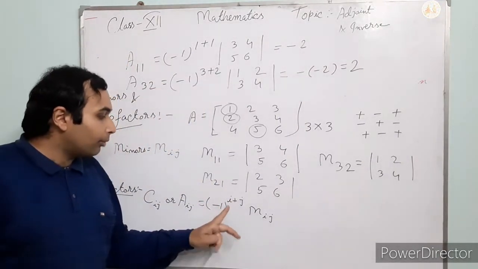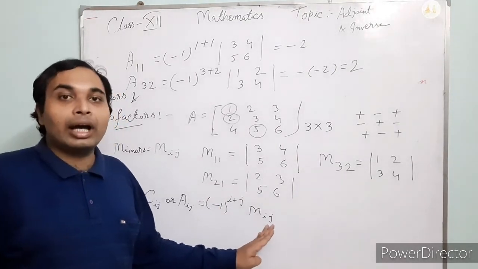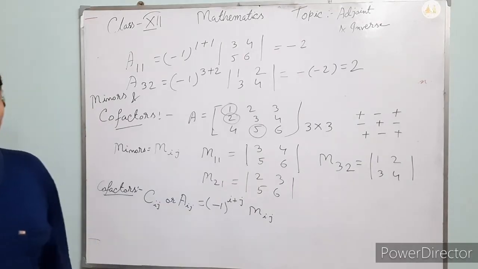The main rule of the cofactor is (-1) to the power i+j times Mij, where Mij are the minors.